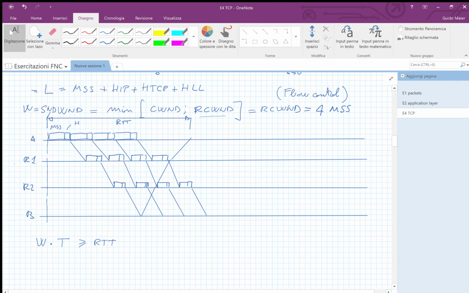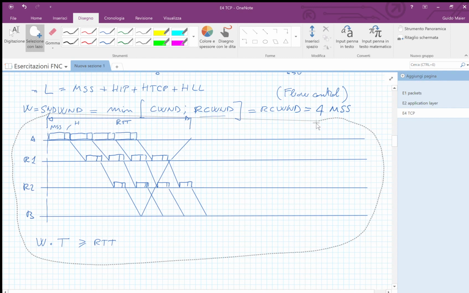So how can we describe the transmission of the file? Let me just make some more space.